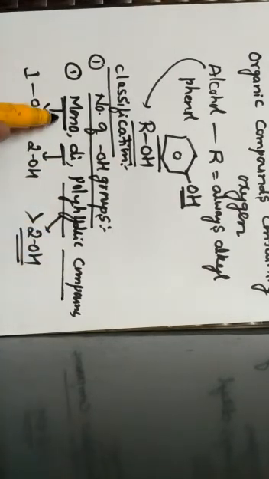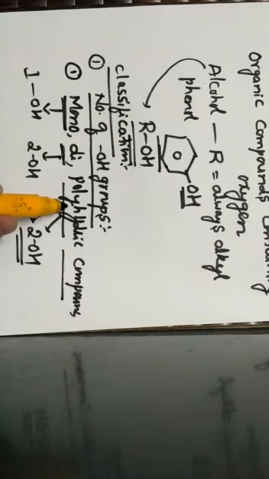Polyhydric means it contains more than two OH groups, so it is called polyhydric alcohol or polyhydric phenol.